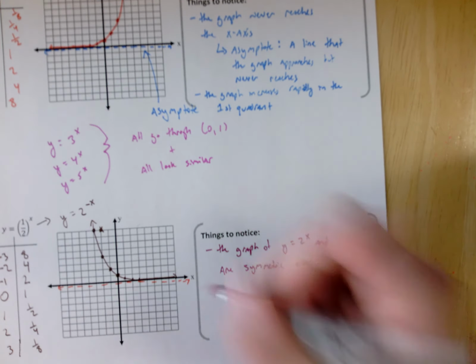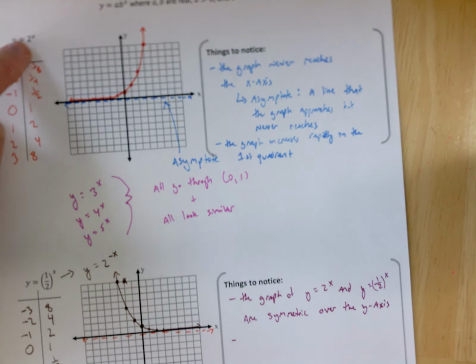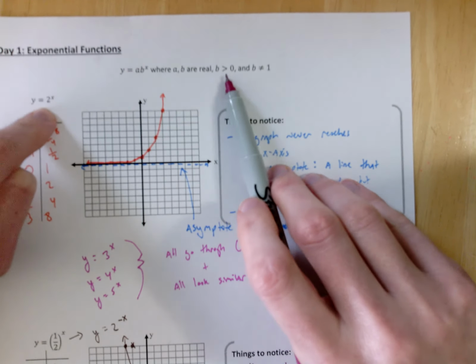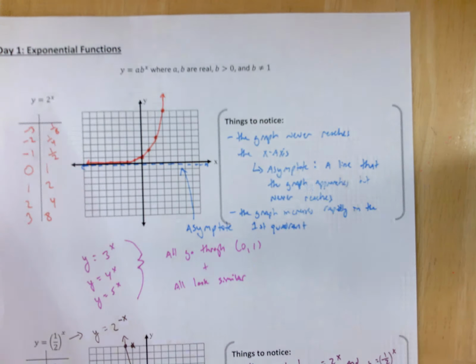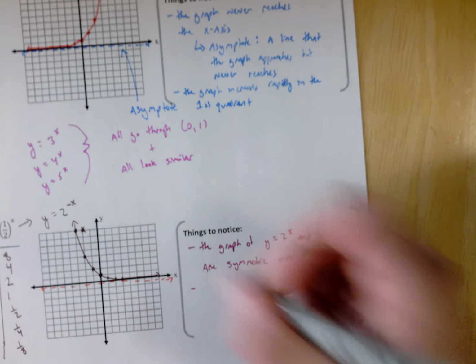All right, and then the next thing I want you to notice is that when you have this function set up where this base number, if it's greater than 1, then you're going to have an exponential growth function. If it's less than 1, but still has to be bigger than 0, so bigger than 0, less than 1, so a fraction that's less than 1, then you're going to have an exponential decay function.